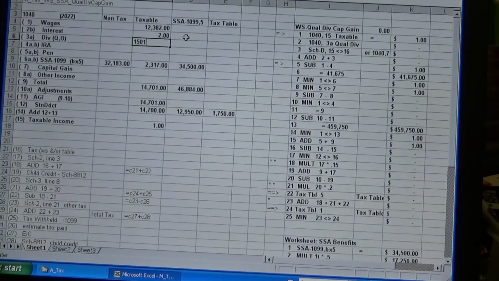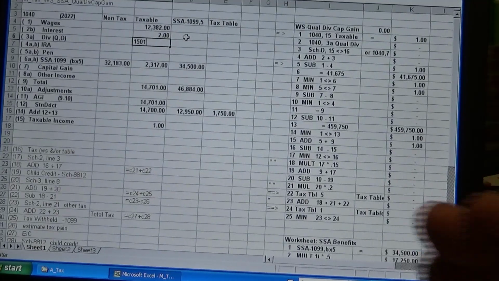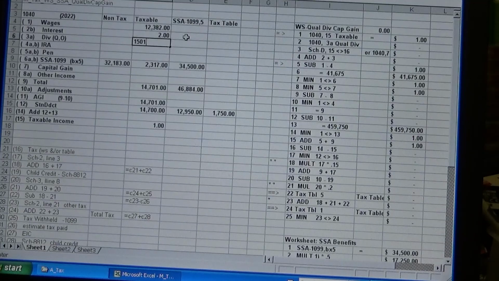1,501. And dividends, you can get one amount of money, let's say $100, and it can be taxable either as qualified dividends or ordinary dividends, depending upon how you file your taxes. And then there's other situations beyond what I'm into where they are separate amounts of money, but for us small folks, we don't have that.